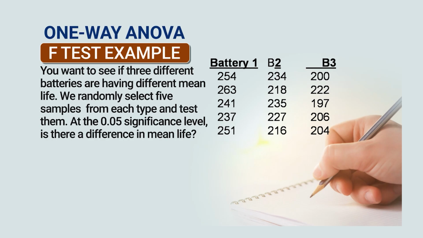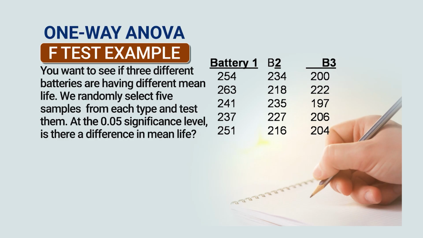So we randomly select 5 samples from each type: a random sample of 5 from brand 1, similarly 5 units for brand 2, and similarly 5 units from brand 3. So in all we have 15 batteries, 5 from each brand.